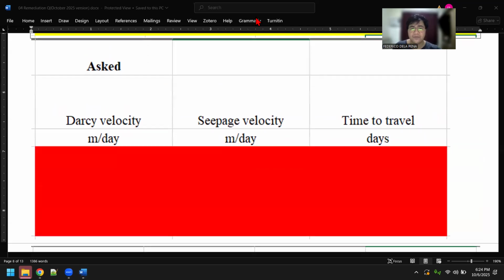And now we have to determine the Darcy velocity, which is essentially the volumetric flow rate velocity. Seepage velocity is the flow velocity of the individual fluids. Travel time is how many days the contaminant will need to reach the river.